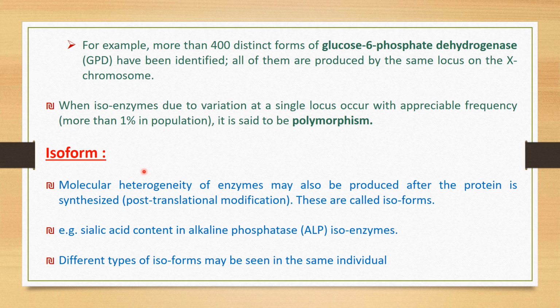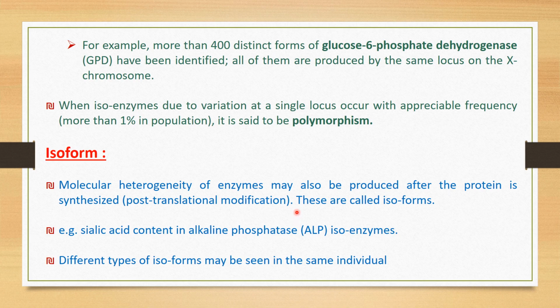These isoforms are produced after the protein is synthesized, that means by post-translational modification. So, molecular heterogeneity of an enzyme which is produced after the protein is synthesized by post-translational modification is called isoform.